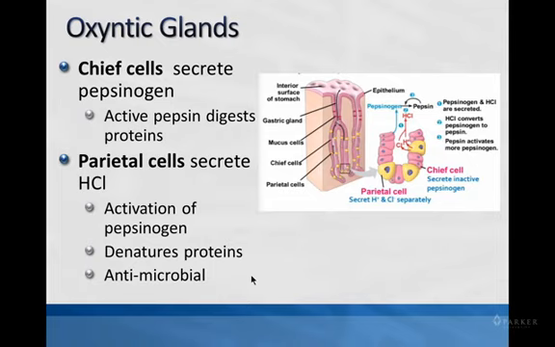So you have parietal cells that secrete hydrochloric acid that helps to activate pepsinogen, denatures proteins and makes it easier for pepsin to work, and it kills off microbes.